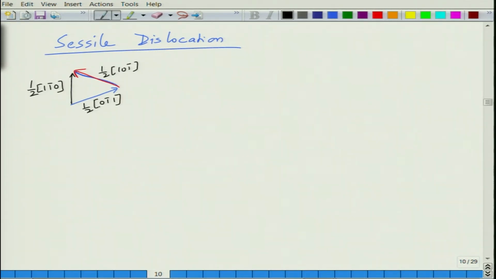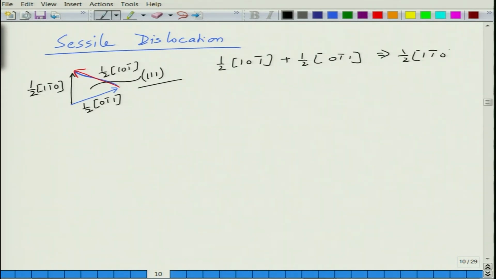They all lie on one plane, that is the 111 plane. So, the plane is 111 and these are the Burgers vectors. Now, it is possible that two of these may give rise to another one. So, if you put them together, half 1 0 bar 1 plus half 0 bar 1 1, you can write them as half of 1 bar 1 0.